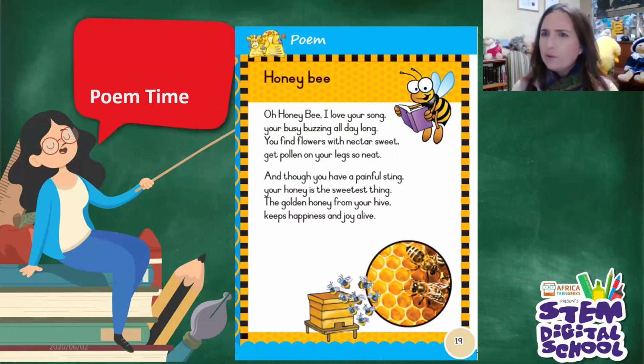And though you have a painful sting, because bees can sting, so you go, ouch, your honey is the sweetest thing. The golden honey from your hive, that is where they stay, their hive, keeps happiness and joy alive. Can you go learn your poem with all the actions, an ow and a yum and kicking your feet for the pollen and doing a little bee dance and buzzing? Let's go learn our poem this week.